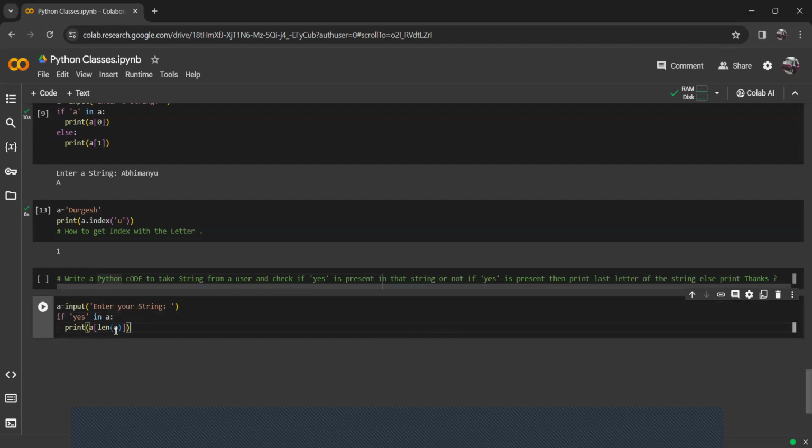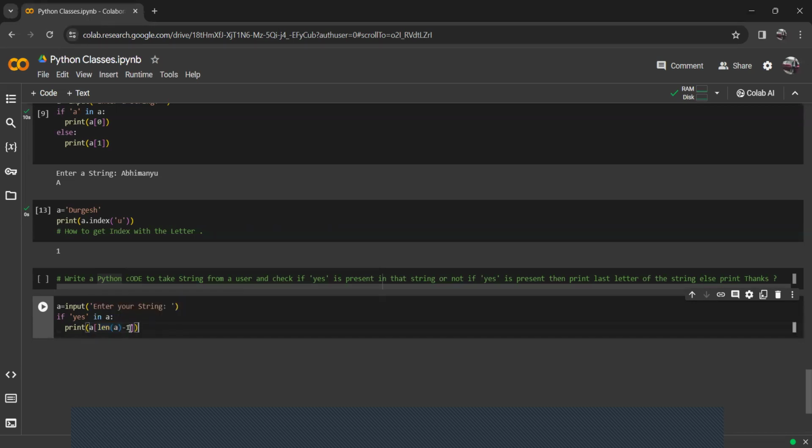It is one more than the last index, because length starts from 1 and index starts from 0. So you have to write length of A minus 1. Or you can do one more thing: you can directly write A of -1. That is also correct.